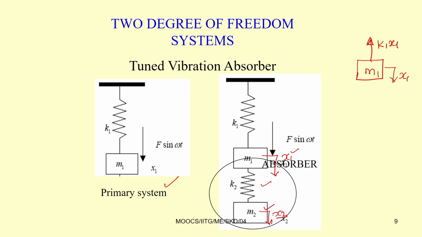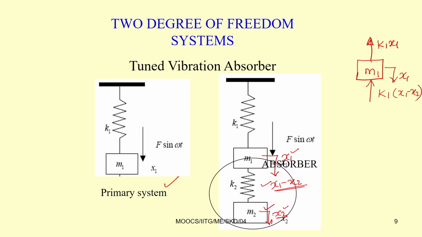If the mass m2 is moving downward, the spring will exert a force in the upward direction. The relative motion of the spring will be x1 minus x2, so we can write this K2 into x1 minus x2 force also acting in the upward direction.